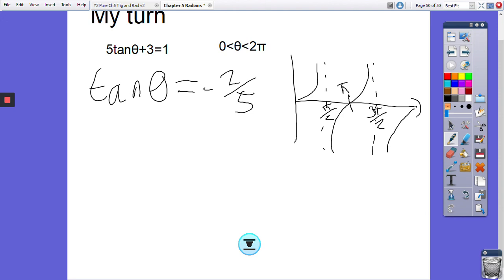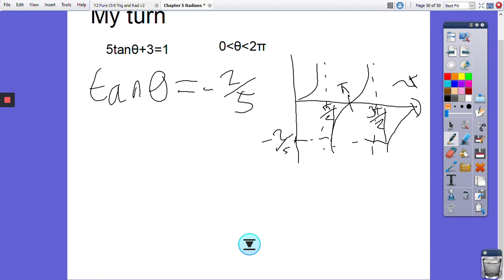So now, if we do minus 2/5, here's minus 2/5. We're looking at that value there and that value there. Don't forget, that's 2 pi there. Okay, so let's get on and work this out.